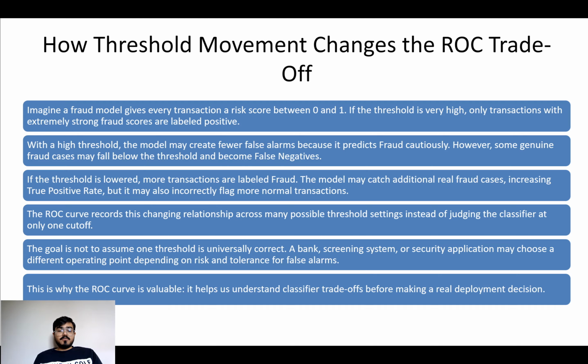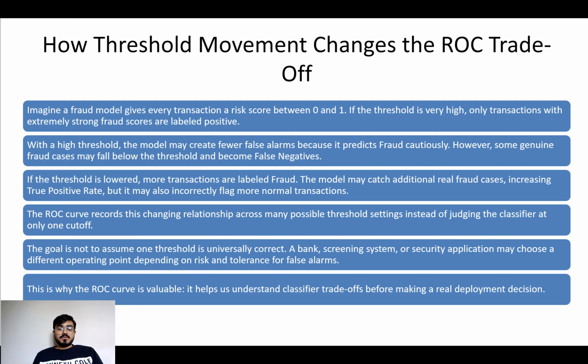So now that we understand what the ROC curve is, let's see why changing the decision threshold may affect the model's performance. Imagine our fraud detection model gives every transaction a probability score between 0 and 1. If we set a high threshold, the model becomes very cautious before predicting fraud. It will only classify transactions as fraud if it has a very high probability.